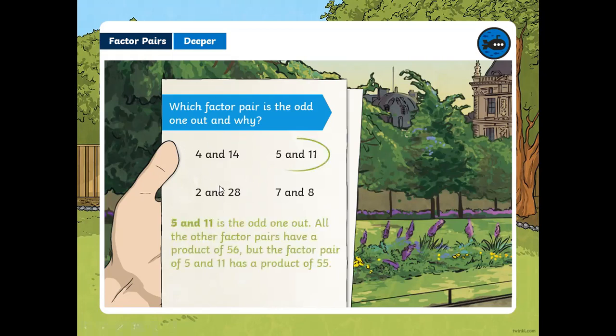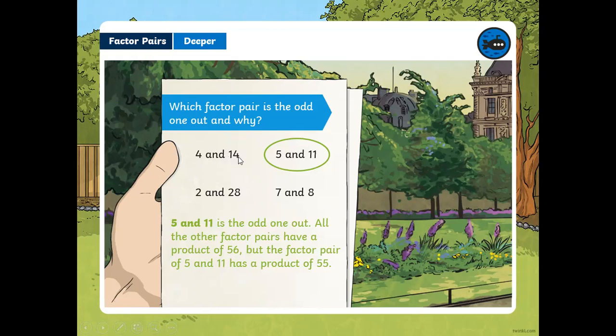So let's look. 5 and 11 is the odd one out. Now, all other factor pairs have a product of 56, but the factor pair of 5 and 11 has a product of 55.